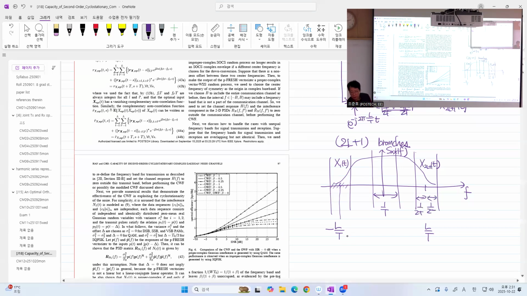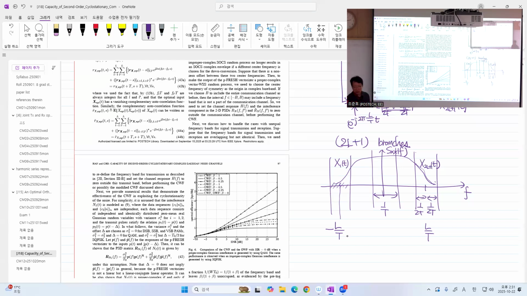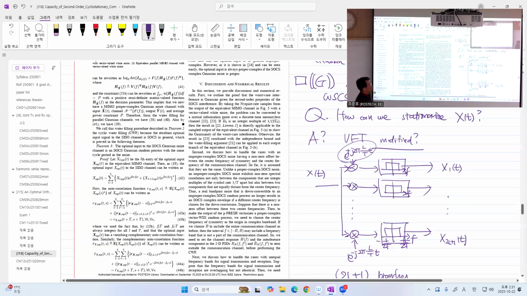So you have this part, it's not exact, but that part appears at the last branch. And all the branch outputs are strictly band limited in this case.